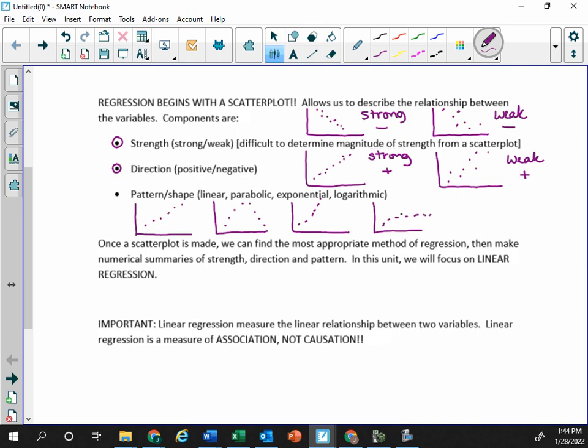It's got a curve that levels out. I drew that for you. Again, what we're going to look at in this unit is the linear. We're going to focus on linear regression, okay?